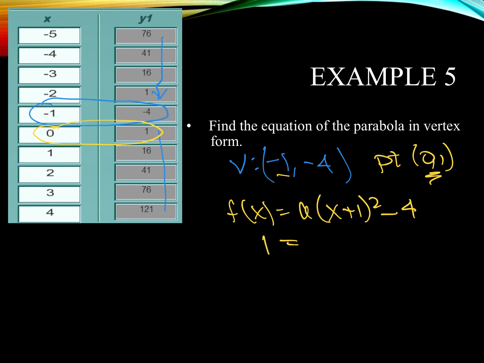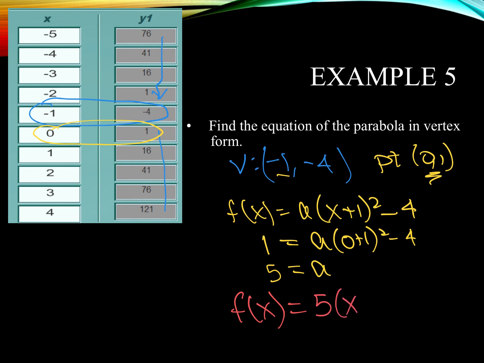So I have 1 equals a times 0 plus 1 squared minus 4. If I add that 4 over, I get 5 equals 1 squared is 1, so I really get 5 equals a.